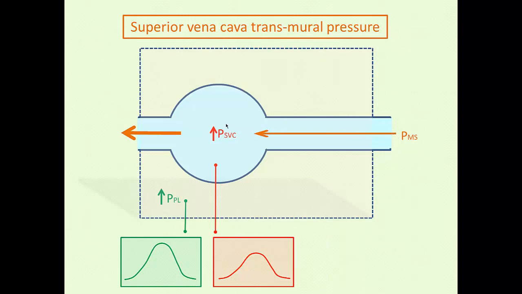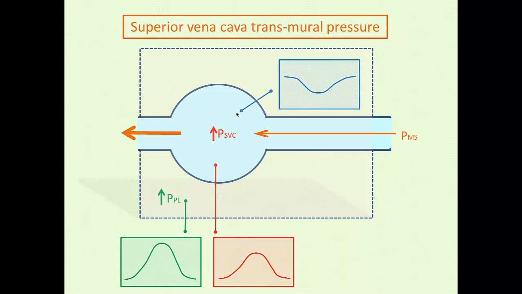As this goes up, you decrease the gradient for venous return, so less blood comes into the SVC. At the same time, the heart continues to pump blood out. So the pressure in this space is actually lower than the pleural pressure, because blood coming in is diminished while blood continues to leave the thorax. So while the SVC pressure is going up, it's not going up quite as much as the increase in pleural pressure.